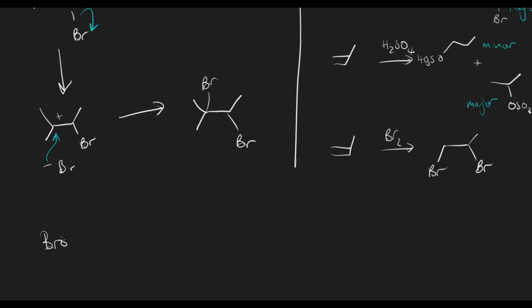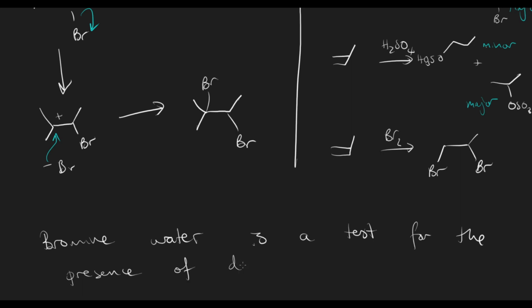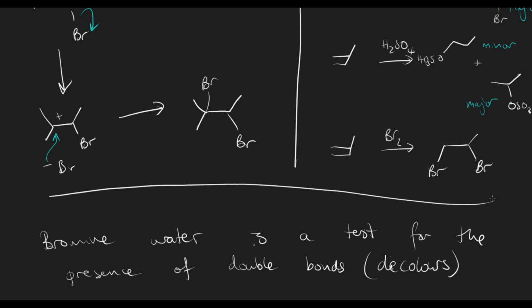So bromine water is a test for the presence of double bonds, and it decolorises the bromine water as the bromine is used up in the addition to the double bonds. That's a practical you might have done, or might not have done, but it might come up as an exam question, so you need to be aware that bromine water can be used to test organic compounds for what we call unsaturation.